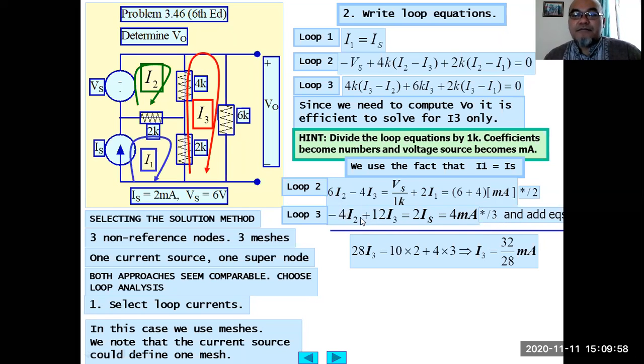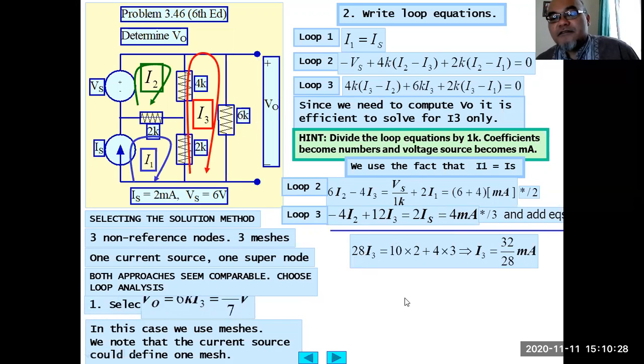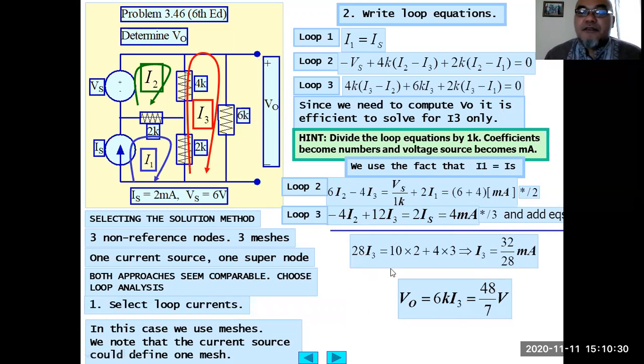So negative 12 plus 12 is 0, and we obtain 28I3 equals 10 times 2 plus 4 times 3. So I3 equals 32 divided by 28 milliampere. From here we can obtain V output using Ohm's law: 6K multiplied by 32 divided by 28 milliampere. We obtain 48 over 7 volt.